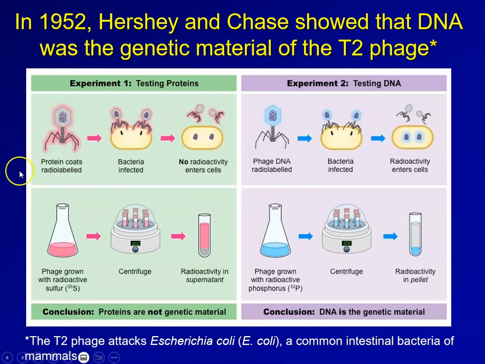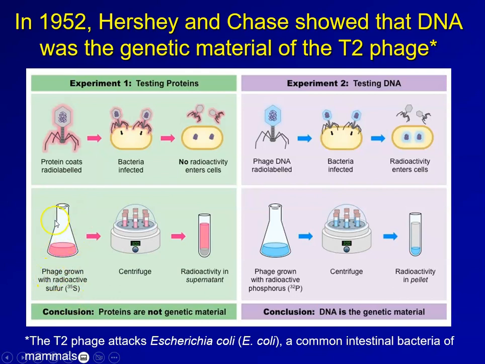So in the first experiment on the left, they used a label for the protein coat. They used sulfur, because sulfur is only found in protein and not in DNA. So they labeled it with a chemical that fluoresces and can be examined in the lab.